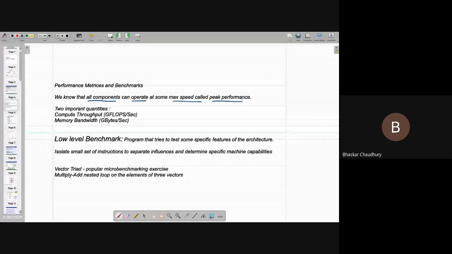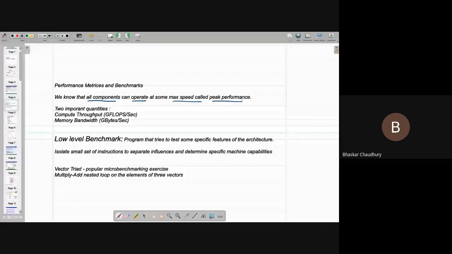Now, the important point is how do we know how much our code is really utilizing the peak performance of each of those components? It's possible that my code is doing a good job in achieving peak performance in terms of CPU, but may not be doing very well in terms of the peak performance of the memory units.